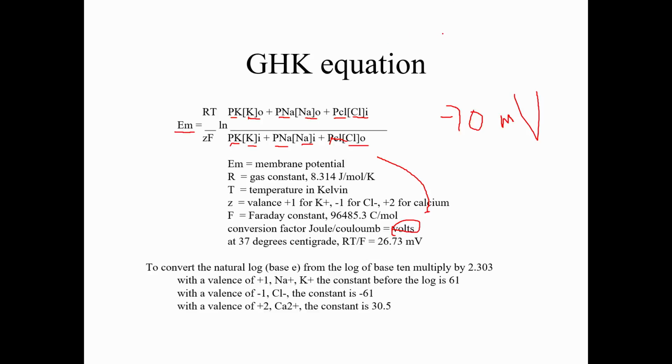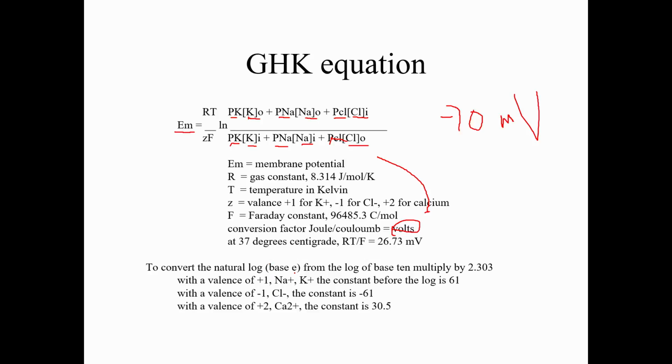Now, before I go to the next page, just notice that this is the natural log, the log of base e. We can get out of base e to log base 10 by multiplying by 2.303. Then we have valences for our various ions.